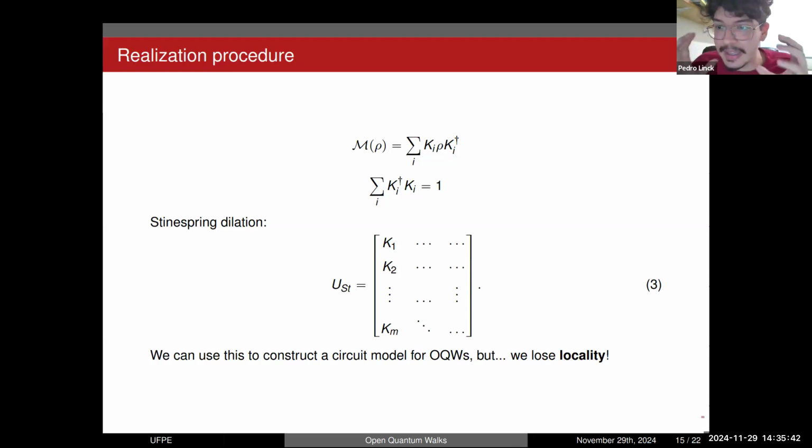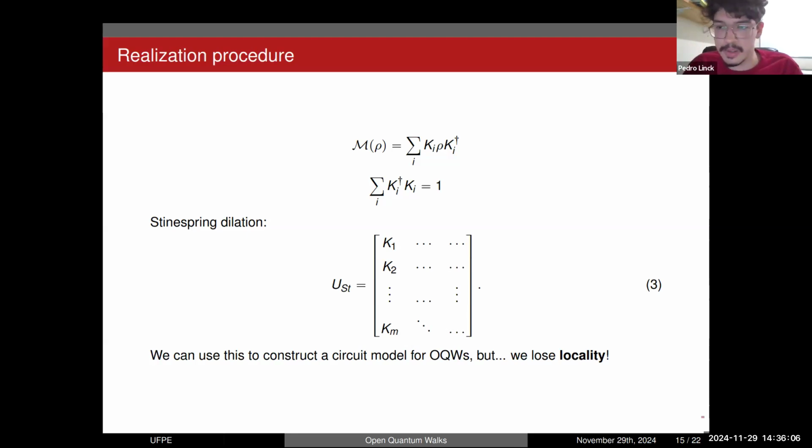That is locality. The Stinespring dilation does not capture this notion. It simulates all Kraus operators equally and does not introduce the notion of locality. So if you want to use less memory, we can explore the locality of the walk.